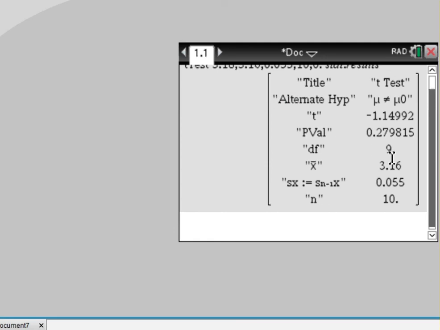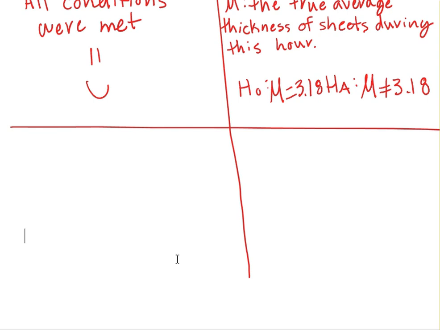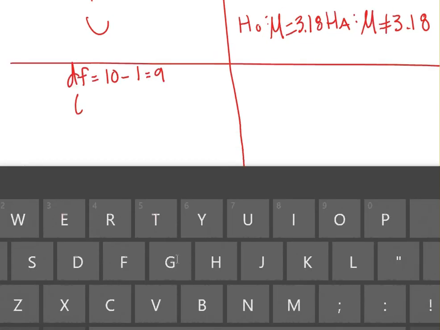So let me switch back to that. Here, my degrees of freedom. Ideally, you have this up on your calculator so you can see both at once. So 10 minus 1 gives me 9. The t value that my calculator gave me was negative 1.15.